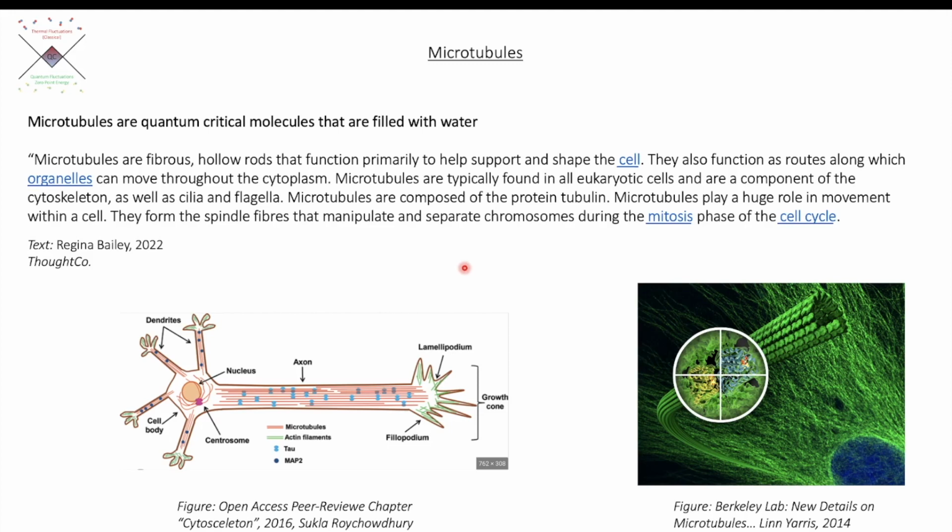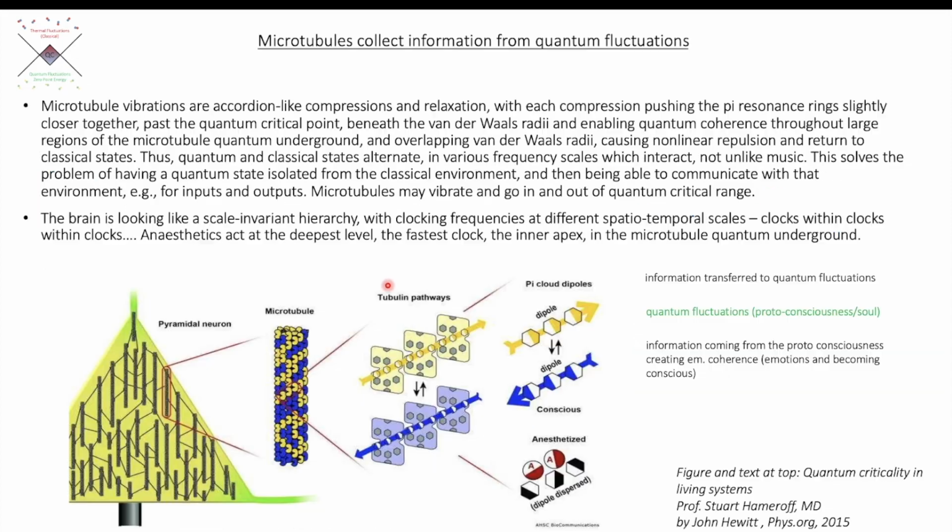And interesting is that these microtubules are a complex molecule that is tuned exactly to quantum criticality. Also the brain cells in our head are filled with a huge amount of microtubules. So let's get to the next slide.